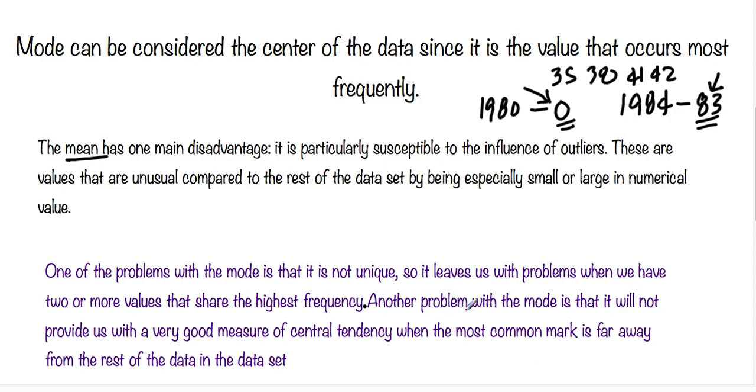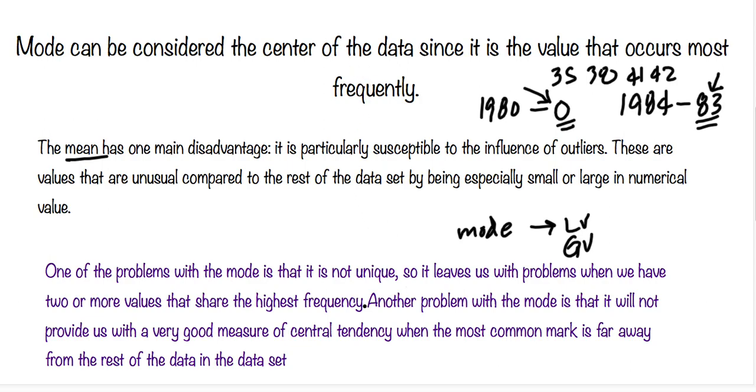Okay, another problem with the mode is that it will not provide us with a very good measure of central tendency when the most common mark is far away from the rest of the data in the data set. What does that mean? If the mode is close to the lowest value or the greatest value, okay, it can be misleading. So when the mode is close to the least value or the greatest value, the mode can be misleading, or if there is more than one mode.